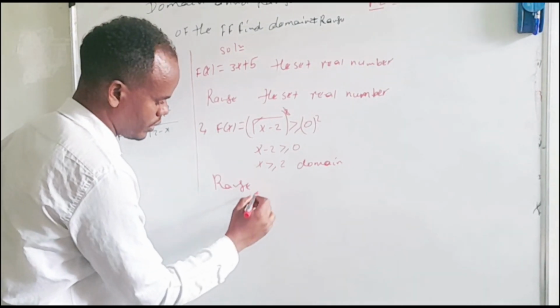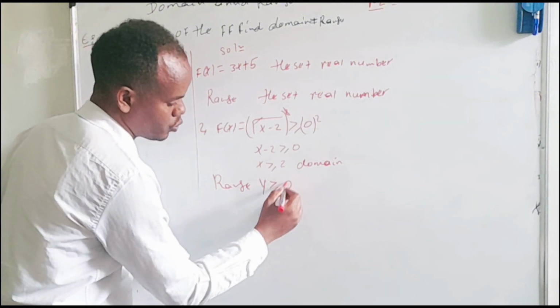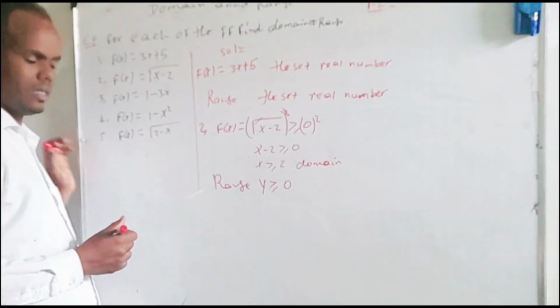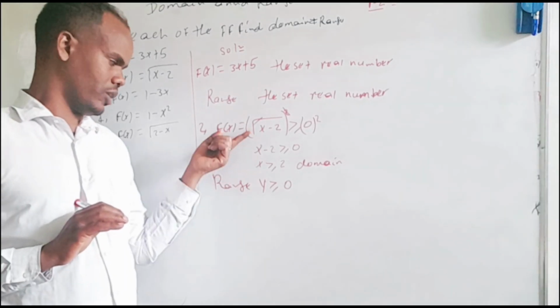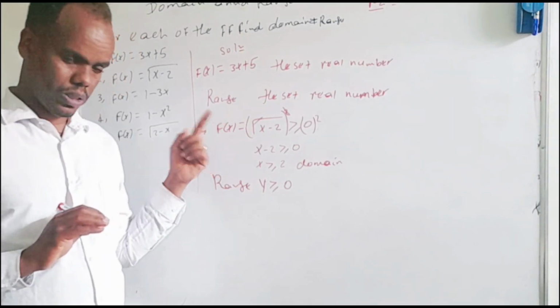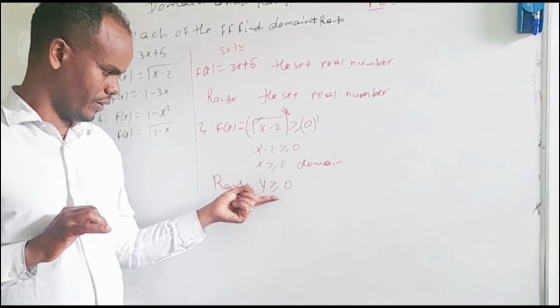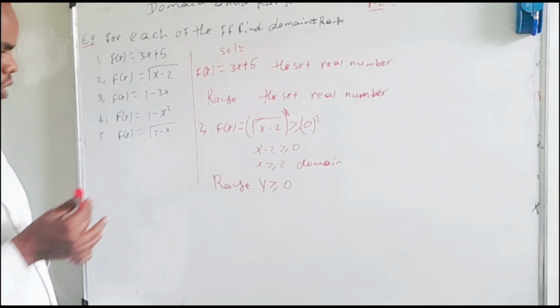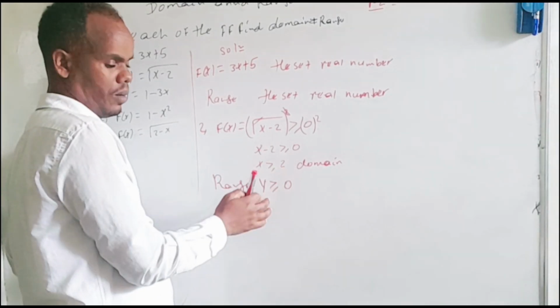The range of this function is y greater than or equal to 0. The radical expression must be greater than or equal to 0. So the minimum of the domain is 2, and the minimum of the range is 0.